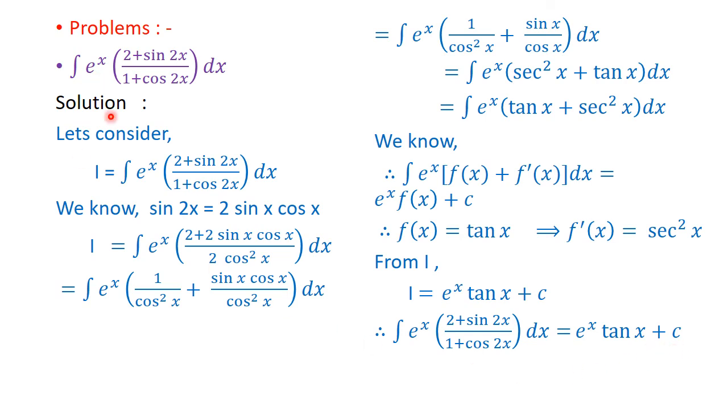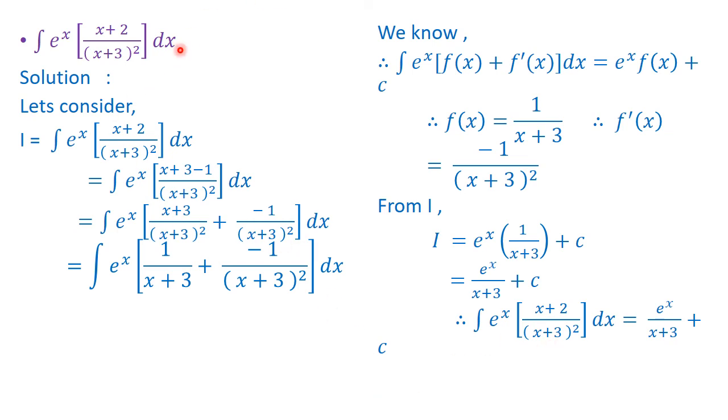So first we have to reduce this function to a standard form, follow these steps. It is too easy to understand. Then this is a standard form, e raised to x into (f of x plus f dash of x), and by using the result we have e raised to x tan x plus c.